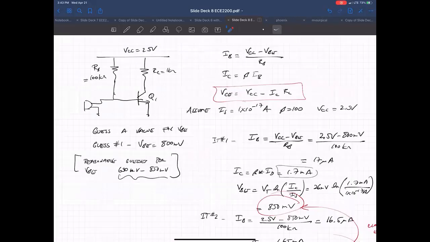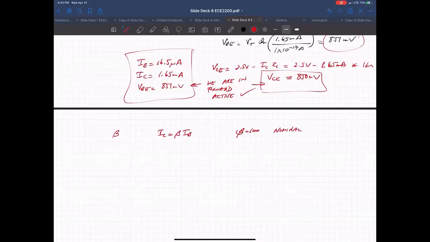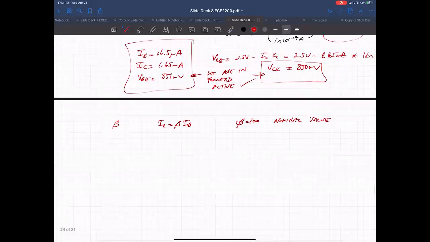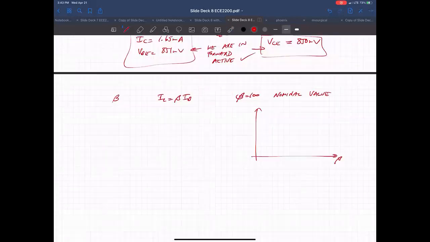That's a reasonable nominal value that you'll see a lot in manufacturing specifications. But just like any other manufacturing process, there's some variation around this beta value. So the manufacturer tells you, hopefully you guys are familiar with Gaussian distributions, that okay, this is my beta value and it's centered around 100.